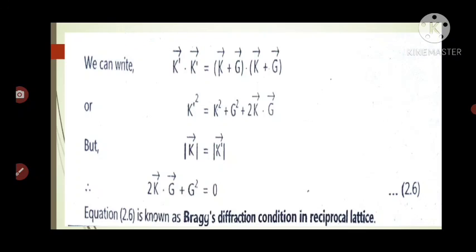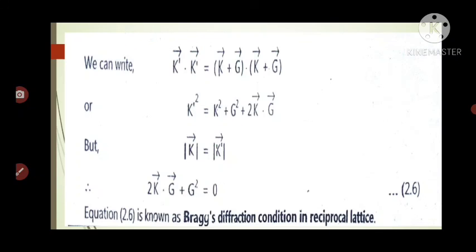Doing this multiplication, k bar prime square equals k square plus g square plus 2k dot g. Since mod k bar equals mod k bar prime, this gives twice k dot g plus g square equal to 0. This condition is known as the Bragg diffraction condition in the reciprocal lattice.